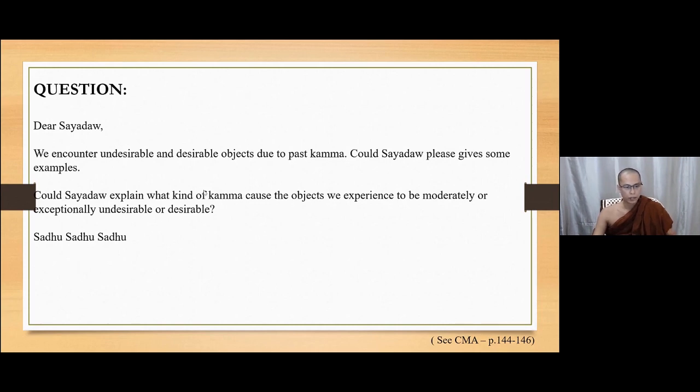And also, regarding moderately and exceptionally undesirable, here the undesirable object cannot be differentiated or divided into moderately or exceptionally, because they are all included in the undesirable, because there's no difference in the feeling.